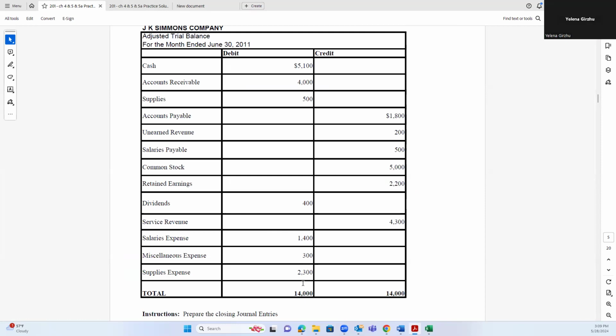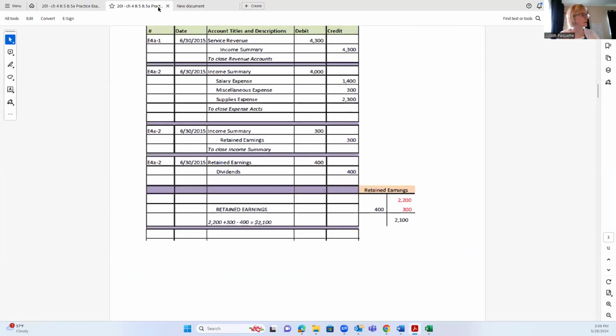But we're not closing unearned revenue because it's a liability balance sheet account, right? Correct. Good catch. It's a liability. It means the customer prepaid us and we owe them the service, whatever it is, renting a golf course or whatever. Okay. So then here we close out those 3 expense accounts. If there were 10 expense accounts, we'd close them all.